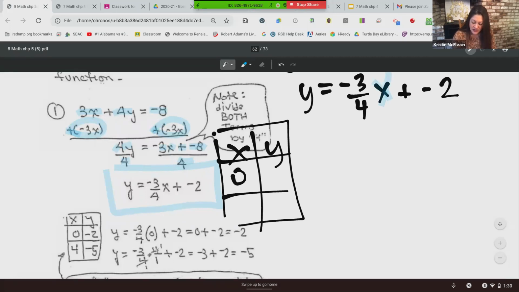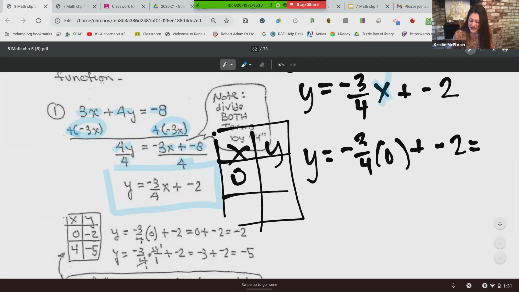Okay, so now we have y equals, well, let's see here, I'm going to put that lower. So I always put it next to where I'm working. y equals -3/4 times 0, that's our input value, plus -2, which of course, when we simplify that, this x's out to 0, so we have y equals -2.